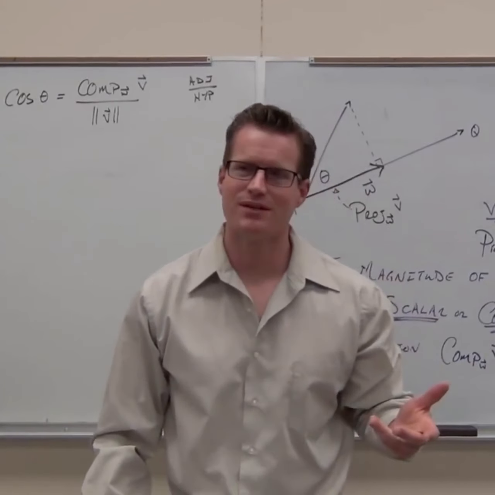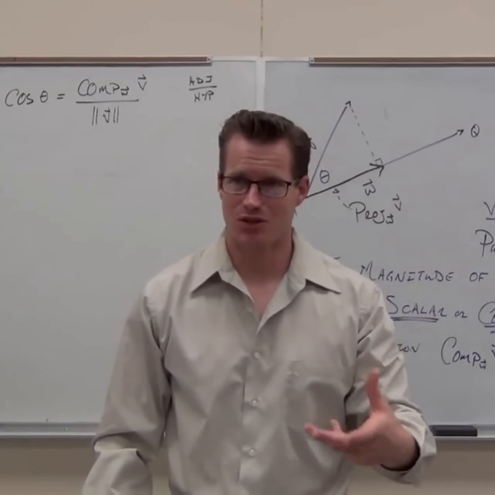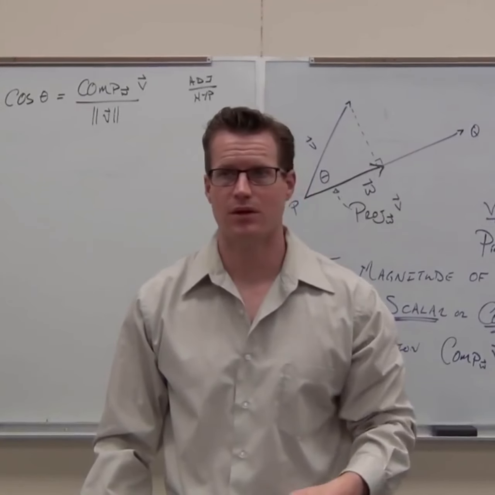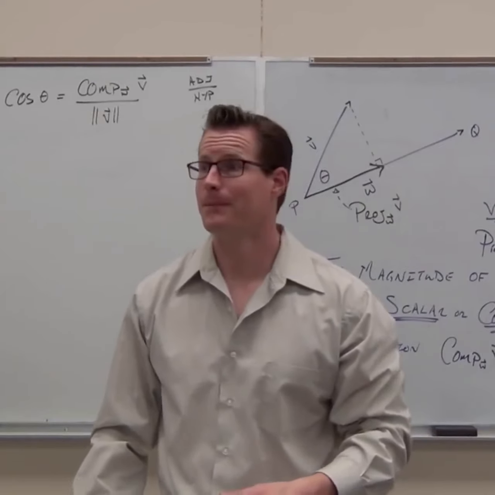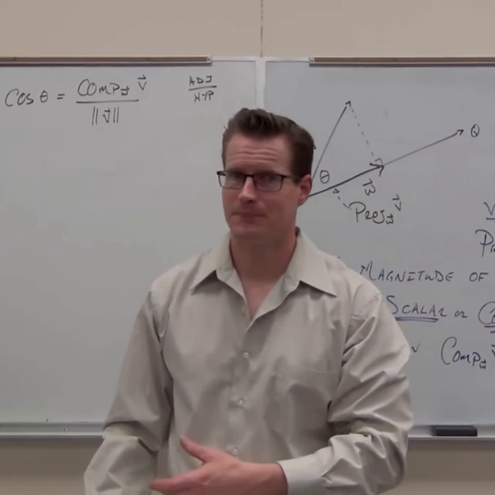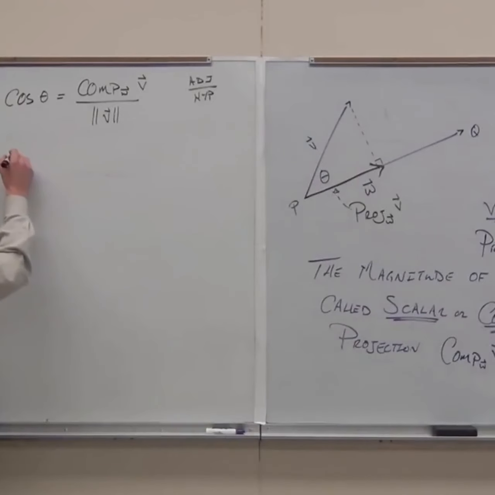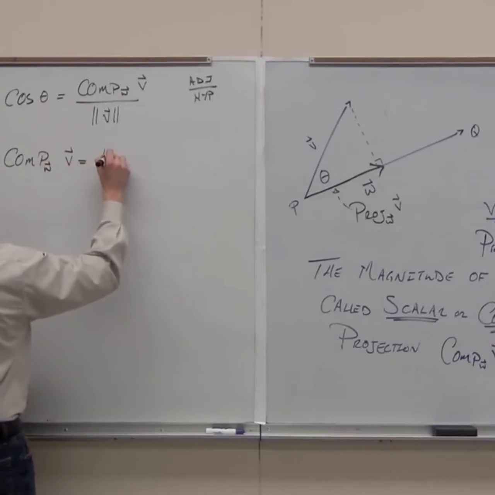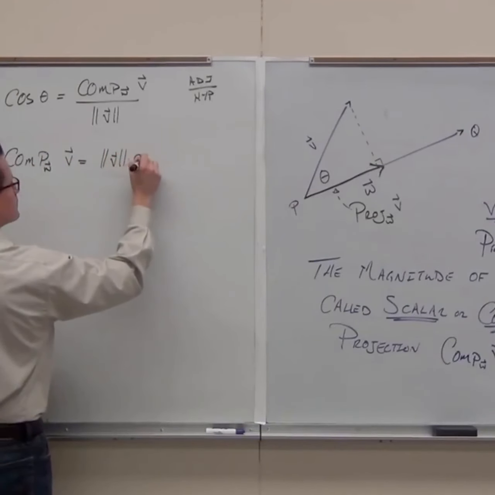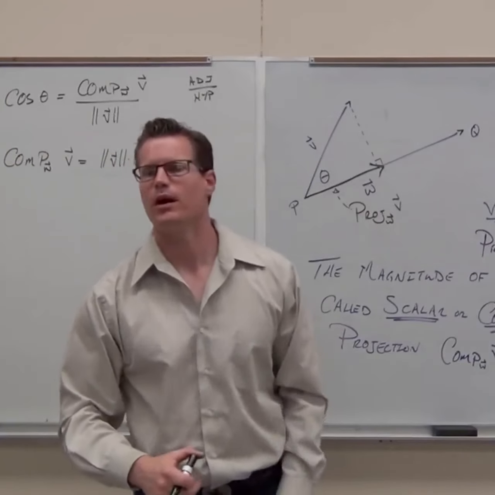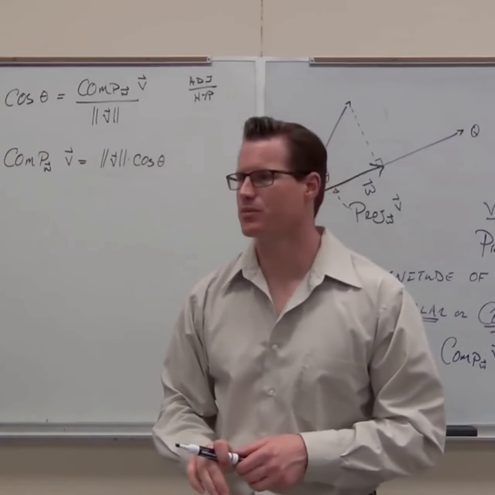Did you know that we're almost done? We're really close. Can you solve for the component projection right now? How do you solve for it? Honestly, it's a really trivial proof that I've just done.